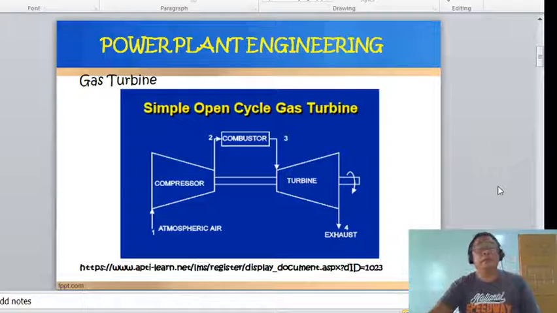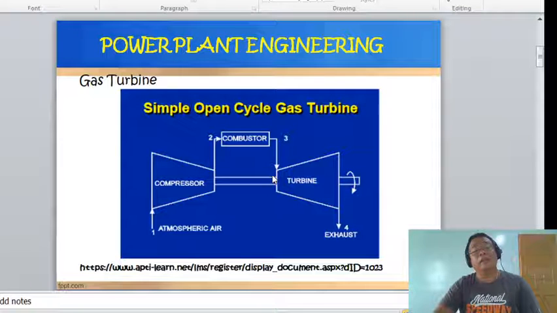Okay, so here, class, are the basic components of the gas turbine. Basically it is composed of the compressor, the combustor, and the turbine. The air is compressed in the compressor and it is sent to the combustor, where the fuel and air unite to produce hot gases.